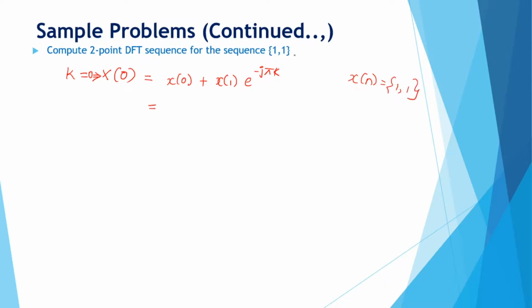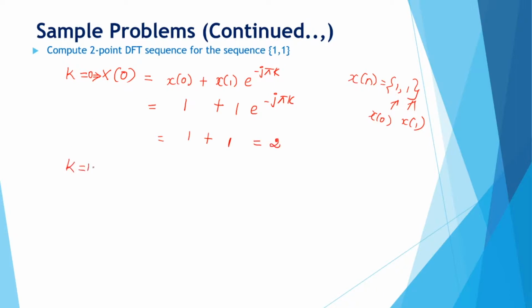So this is your x of 0, which is 1, and this is your x of 1, which is 1. So X of 0 is 1 plus 1 e power minus j pi k. Now k is 0, so it is 1 plus e power 0, which is 1. So the sum is 2. So X of 0 is 2.